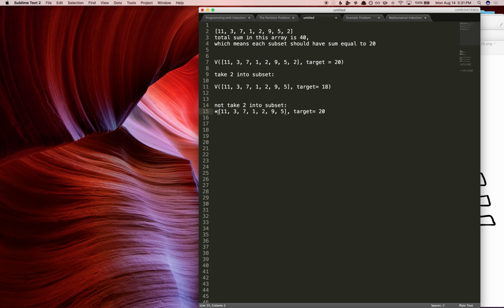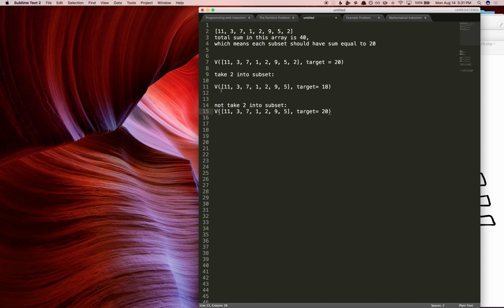If I don't take 2, I have this problem. And so the question is, if I know the solution to these two problems, can I solve this bigger problem in line 7?